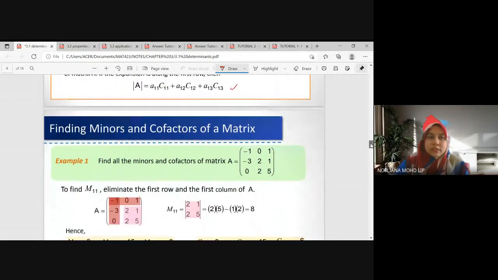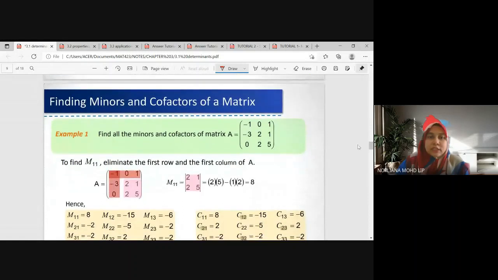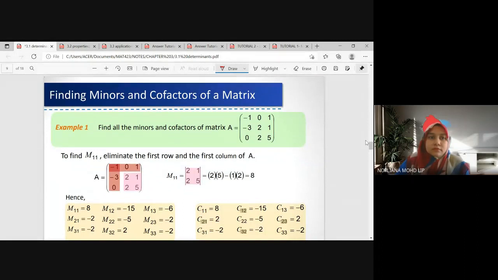Example 1. Find the determinant using cofactor expansion. First find all the minors and cofactors of the matrix. To find the minor M11, we have to eliminate the first row and the first column of the matrix.